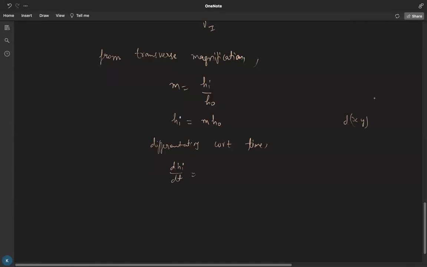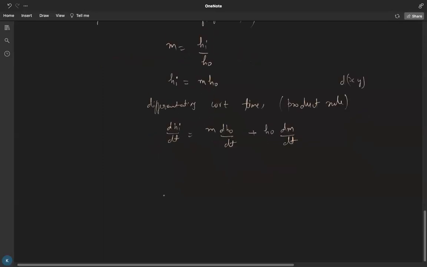So whenever I differentiate here with respect to time, dhi by dt is equal to, let me write it here because it's a bit confusing, applying the product rule: m dho by dt plus ho dm by dt. Okay. So now, in actual manner, we get here the velocity of the image.